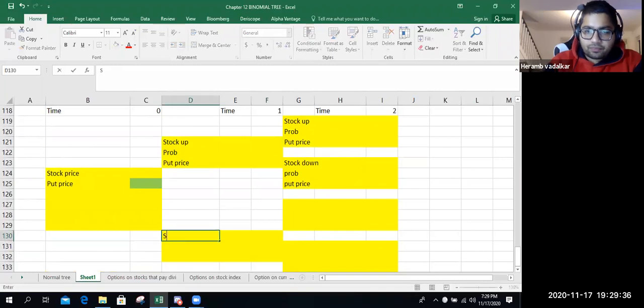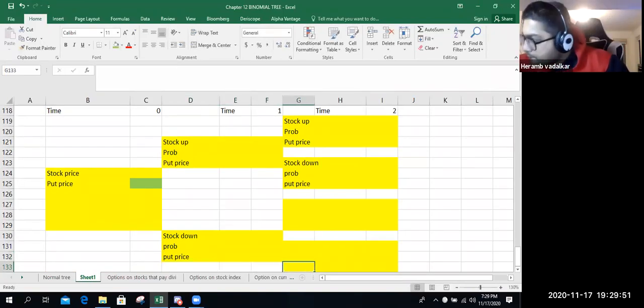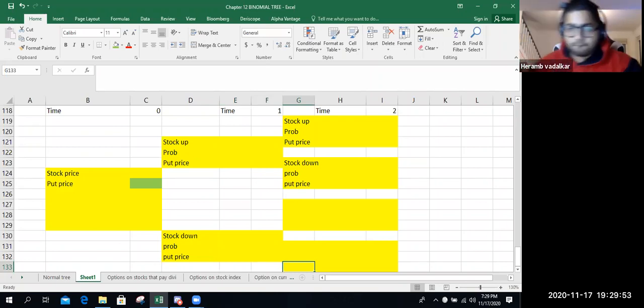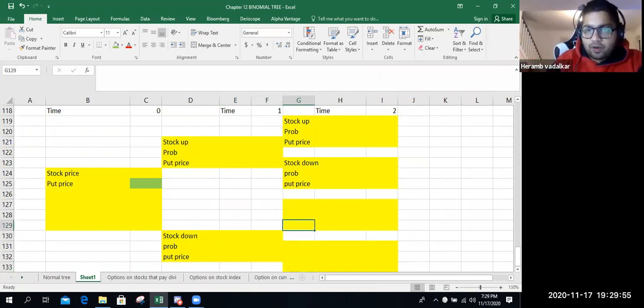Then stock can go down. Probability of going down, put price. Okay. From down, it can go up, stock up.